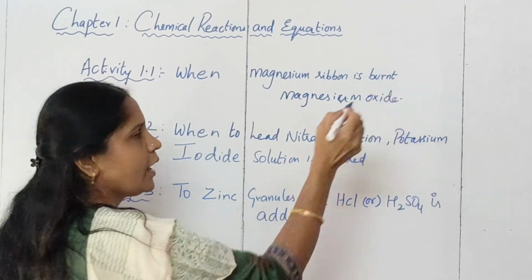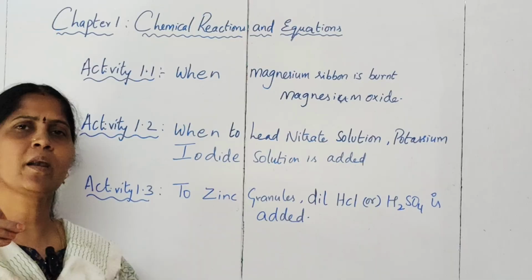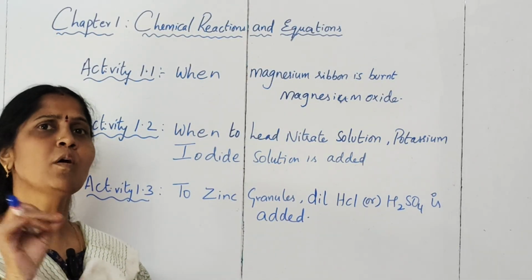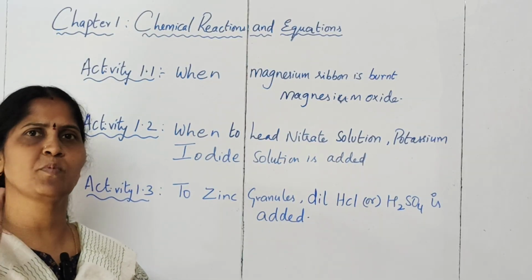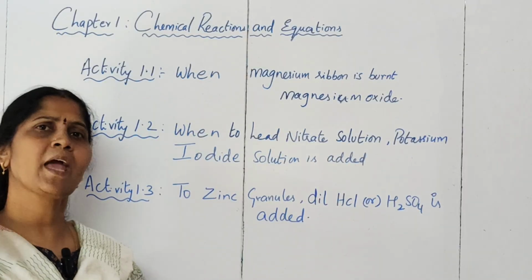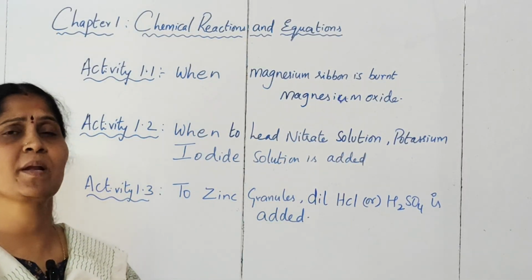Usually a question is asked associated with this activity: before burning the magnesium ribbon, you have to first rub it with sandpaper. Very clearly you have to clean it with sandpaper, because the magnesium ribbon reacts with oxygen and there can be a thin coating of magnesium oxide already present on it.